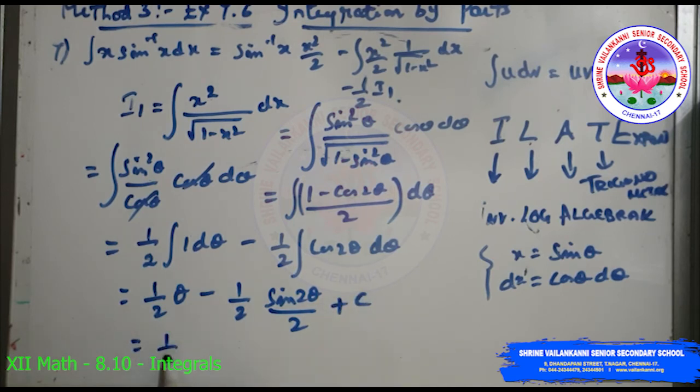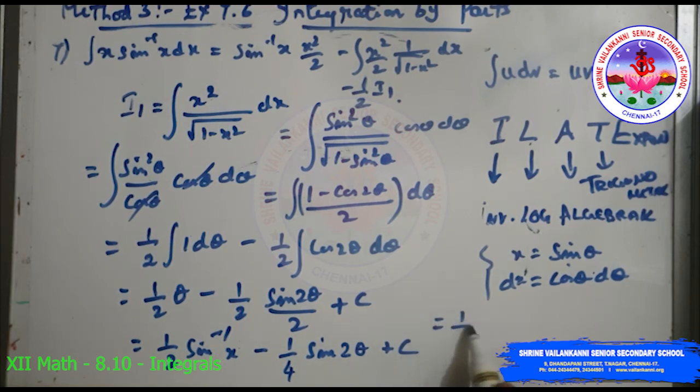So this is equal to half of, here theta is sine inverse of x, so half sine inverse of x minus half of sine 2 theta by 2. So 2 into 2 is 4, so it is minus 1 by 4 sine 2 theta plus c. So this is equal to 1 by 2 sine inverse of x.